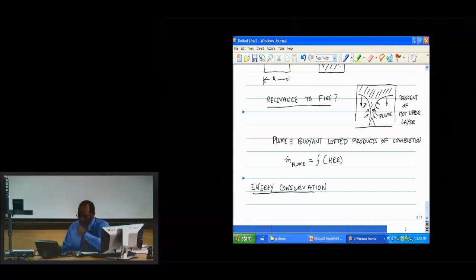The basis of energy conservation is something called the first law of thermodynamics for us. All the nuclear, electronic, and other energy modes are buried in internal energy for us. So this is energy conservation, and we use the first law of thermodynamics.